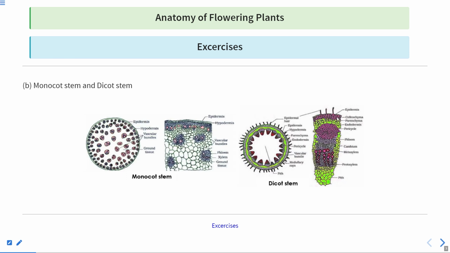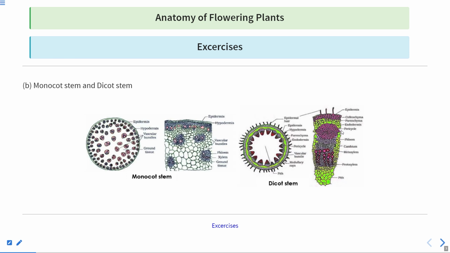Now below the epidermis you can see collenchyma cells, several layers of collenchyma cells, and that makes the hypodermis, right? Below that there are parenchyma cells that make the cortex region.